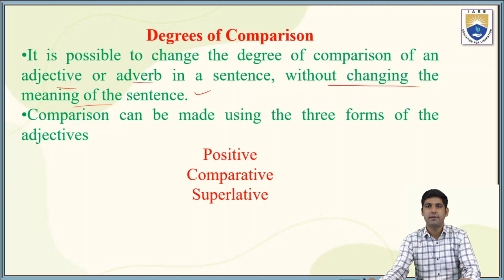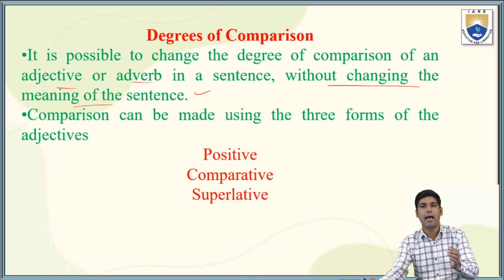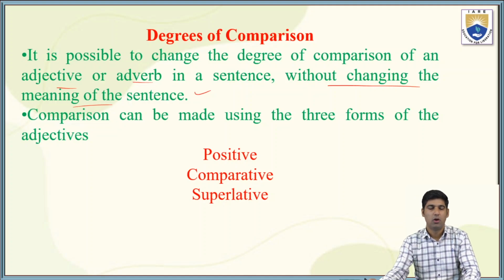So it means if we change the degree of comparison of an adjective, for example, we have the adjective tall. If we make it taller, or if we make it the tallest, it is possible to change the degree of comparison of an adjective in a sentence without changing the meaning of the sentence.